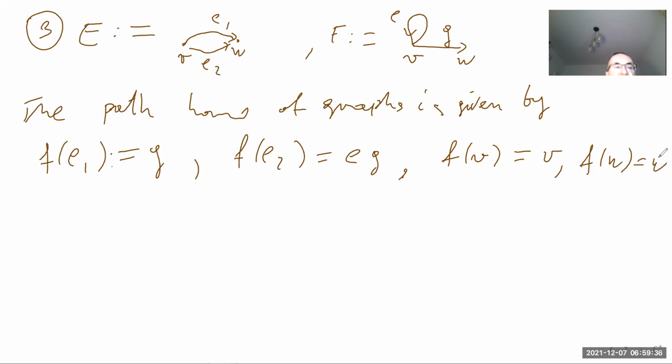The end of G is W, and the end of E1 is also W, check. The beginning of E2 is V, and the beginning of F of E2, which is EG, is again V, check. The end of E2 is W, and the end of F of E2 is the end of EG, which is the end of G, again W, check. So this is indeed a path homomorphism of graphs.